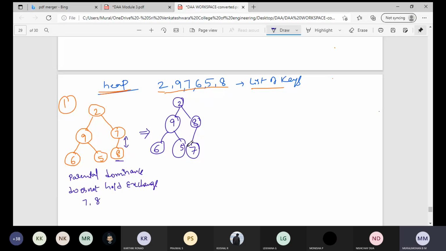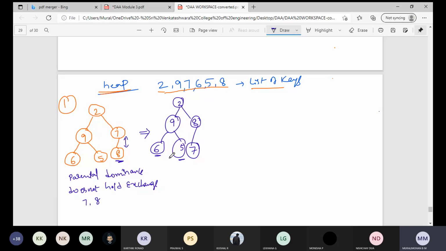See here, the next node is 5. So this node is finished. Next node is 5. Is it holding? Yes, sir. Next node is 6. Is it holding? Yes, sir. Okay. So this level is finished.